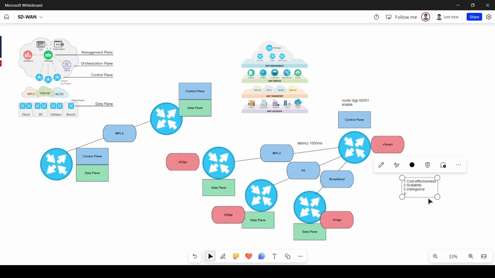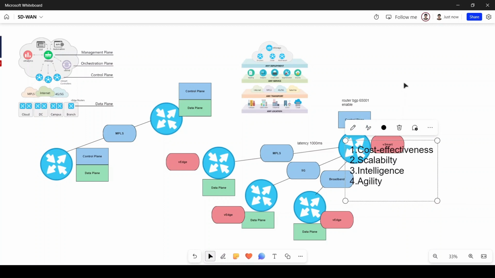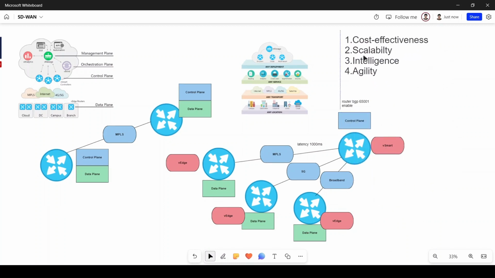Number four, we could say flexibility or agility, let's say agility, because it's software-based, right? Okay, let's keep this one so far. I'm going to put it right here because it's very important to remind. So those are the advantages of SD-WAN architecture over traditional networking architecture, right?